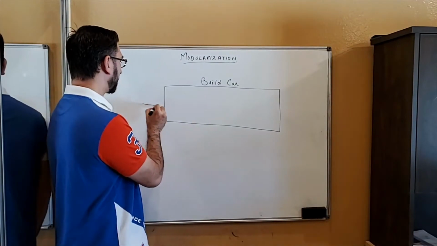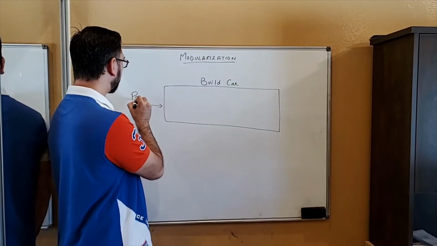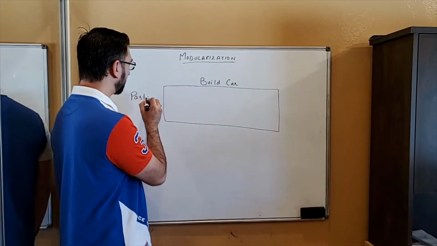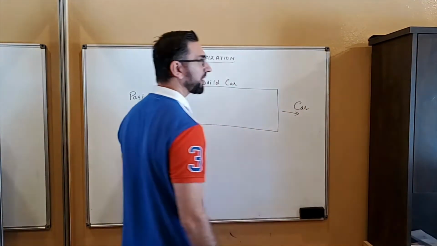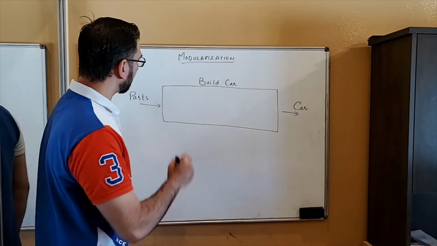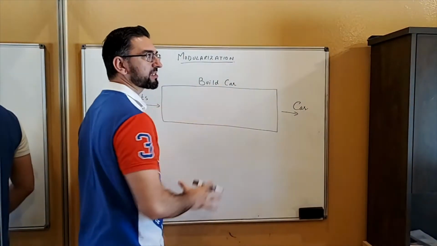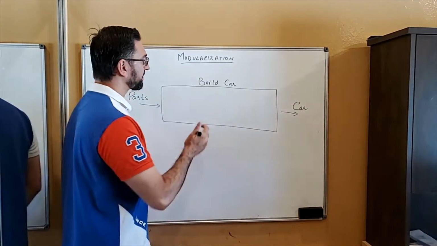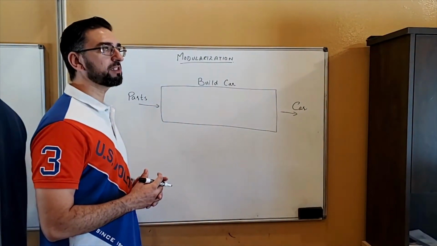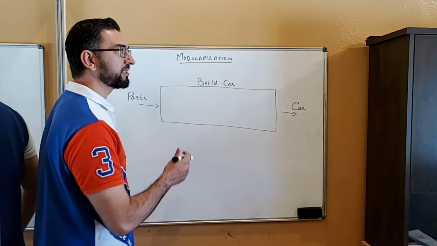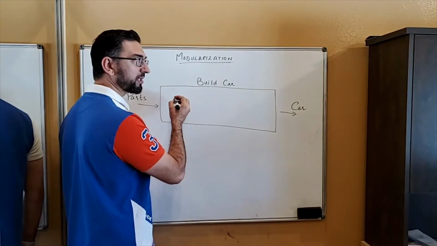So we input parts here and the output is the car. Now, obviously, building a car is a much more complex process. We can modularize it and make it easier by dividing this process into smaller, manageable chunks.